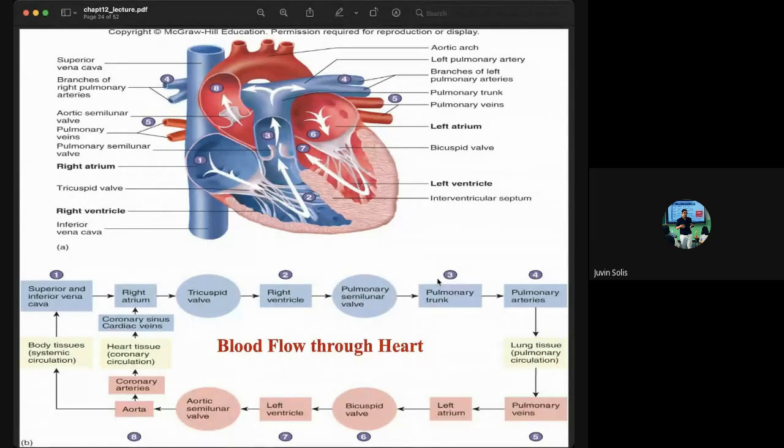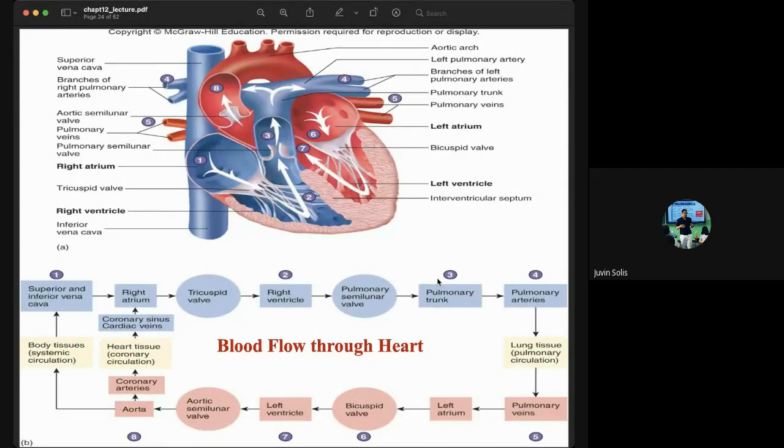So ang dadaanan niya ay si tricuspid valve. And then hanggang sa pupunta na siya ng pulmonary semilunar valve, pulmonary trunk, and so on. So parang maze yung dinadaanan ng ating blood.